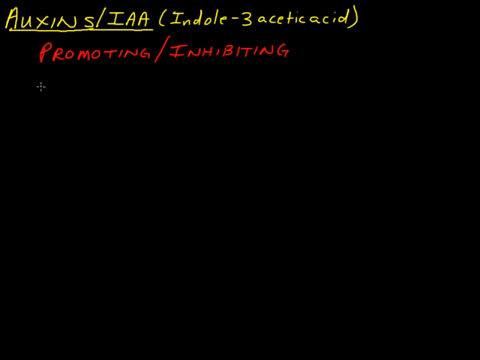But let's talk about what growth responses that auxins actually stimulate or promote in plants. And they stimulate the following: cell enlargement, or the expansion of cytoplasm, and therefore the expansion of the volume of the cell.